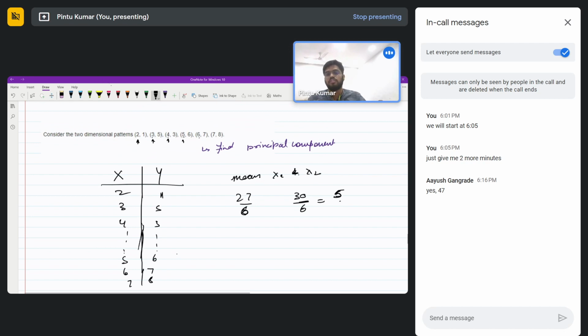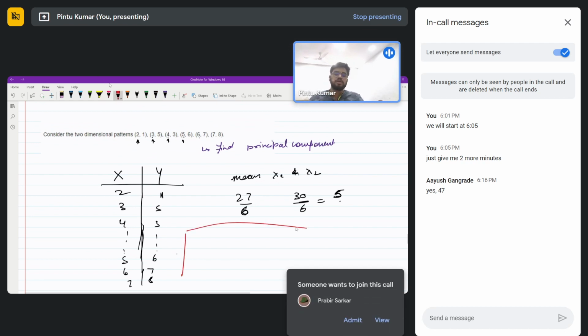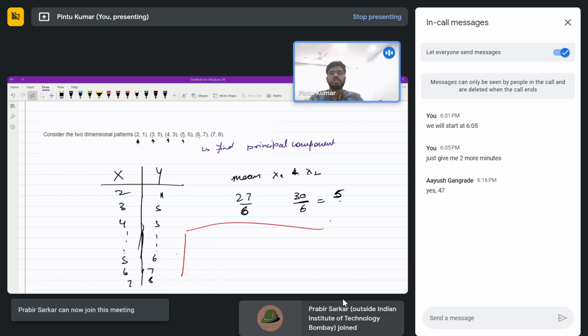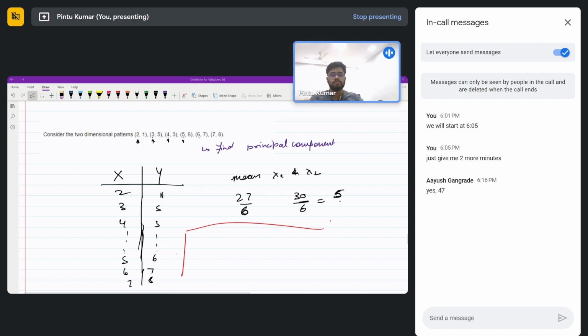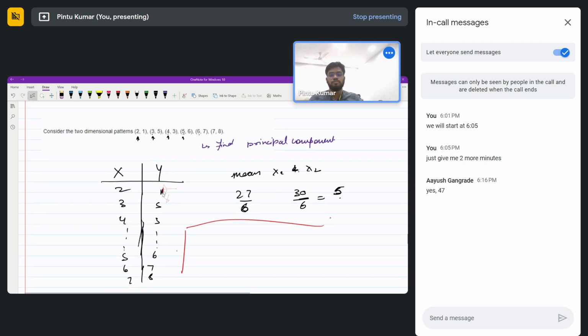So what should be the next step? The next step will be to subtract the mean from every data point. For example, this 1 would become 1 minus 5, which is minus 4. This would become 1, this would become minus 2.